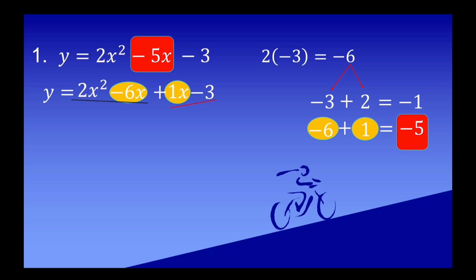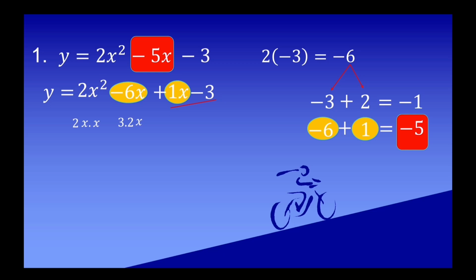So let's find the GCF of the first two terms, 2x squared minus 6x. The factor of 2 is 2 times 1, and the factor of x squared is x times x. Then 6 is a product of 3 times 2, then bring down x.